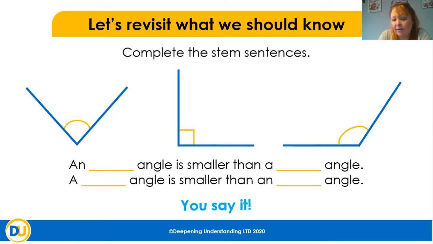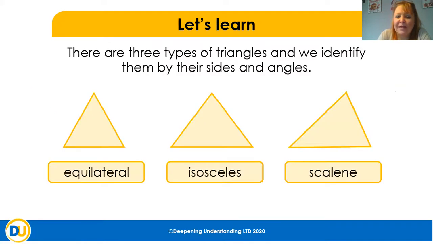I say it. You say it. We all say it. Now, there are 3 types of triangles here, and we can learn them by talking about their sides and their angles. So that's what we're going to do today. Looking at the first one, this is the one that you always think of when you think of a triangle.